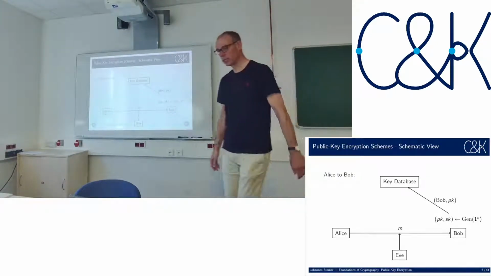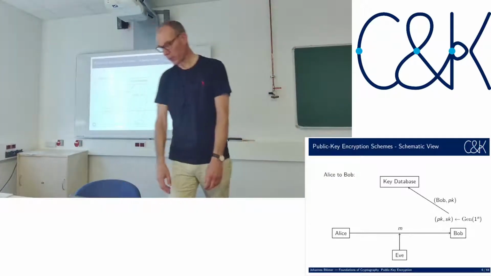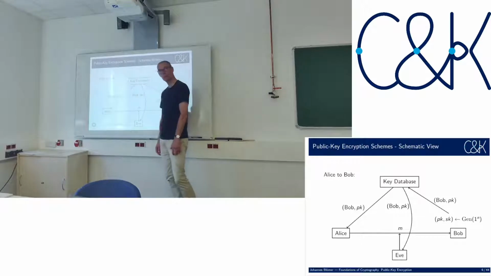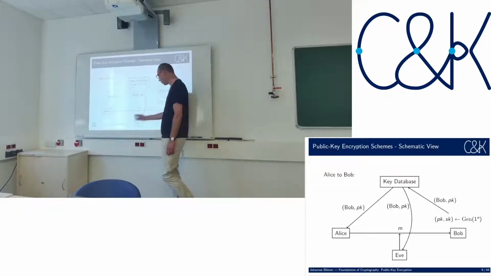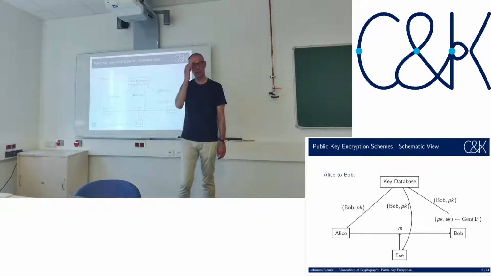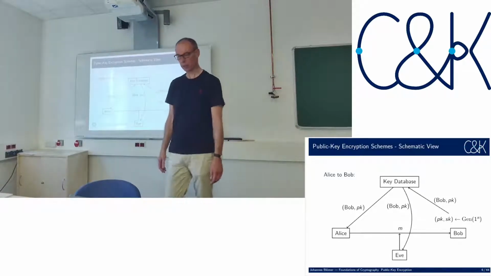Then Alice, to send a message to Bob, retrieves Bob's public key. But obviously, if this is a public database, the eavesdropper Eve can also retrieve that public key.